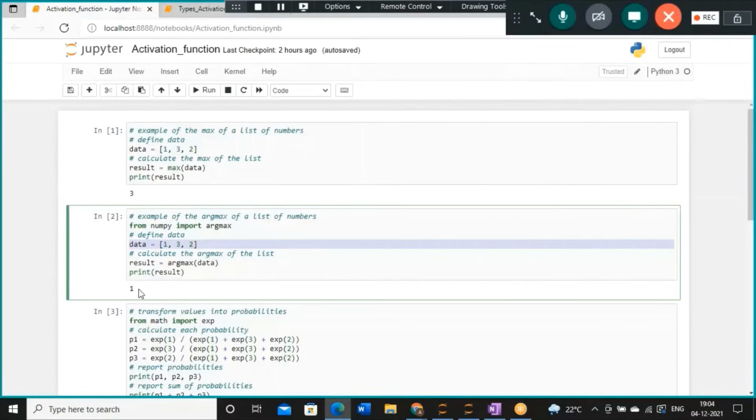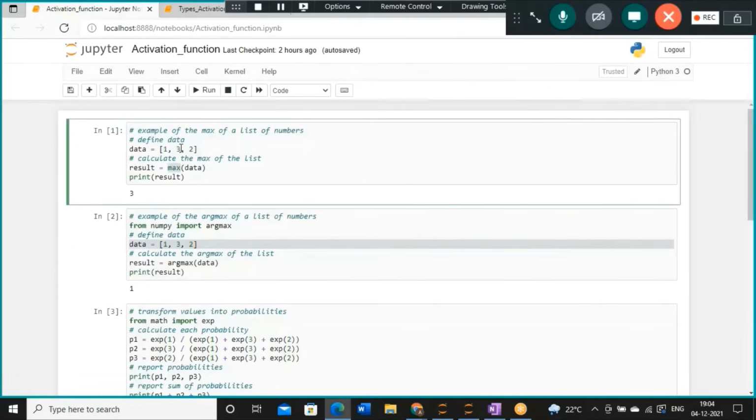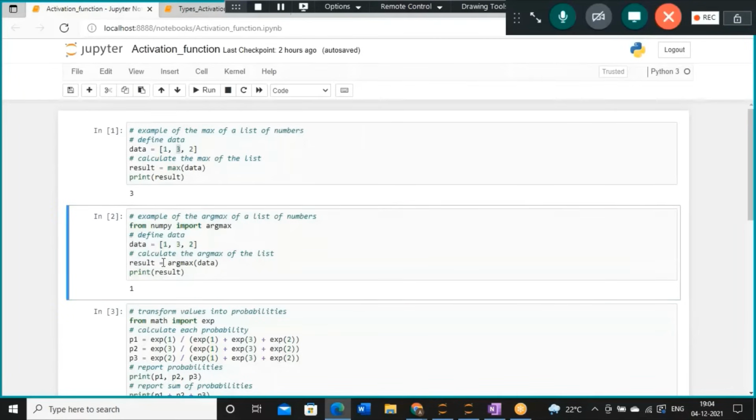You can think of it as a meta version of the max function. The max function sends you the highest number, whereas argmax sends the index of the highest number. Here this is the 0th index, this is the first index, and this is the second index. The argmax function returns 1, the index of the largest value. That's why argmax is considered a meta version of the max function.